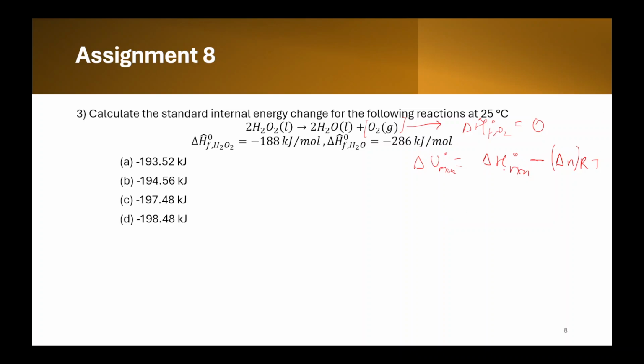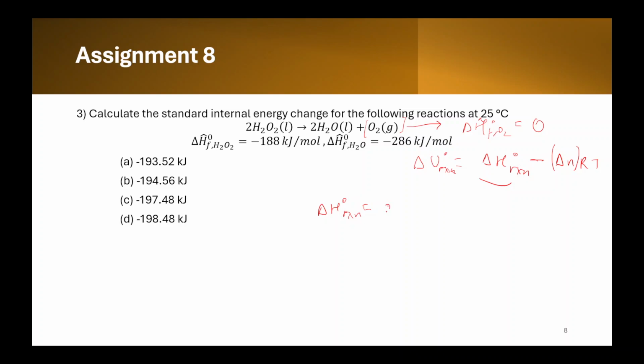So first we need to compute this. How would we compute that? Using the enthalpy of formation. So delta H reaction standard will be the product minus reactant, into the stoichiometric coefficient.